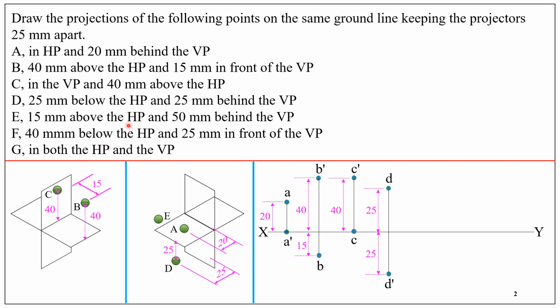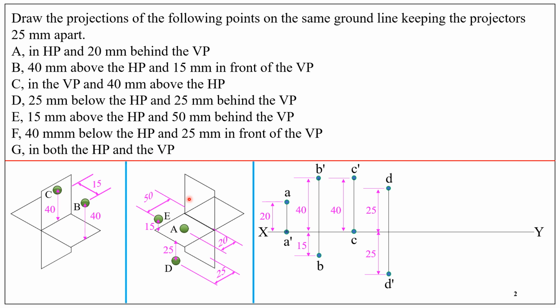Above HP, behind VP, the object is in the second quadrant and the distances 15 and 50 are shown here. When the object is in the second quadrant, both the front view and the top view appear above XY line.